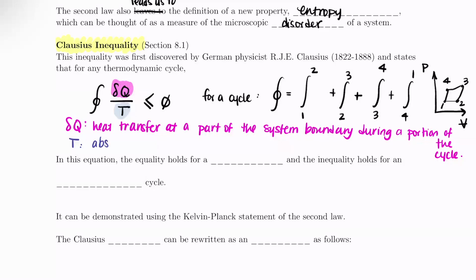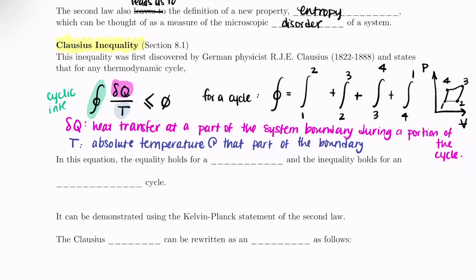And this is the absolute temperature, so that's important. At that part of the boundary. And then this path integral or cyclic integral, like I mentioned, can be decomposed like this.